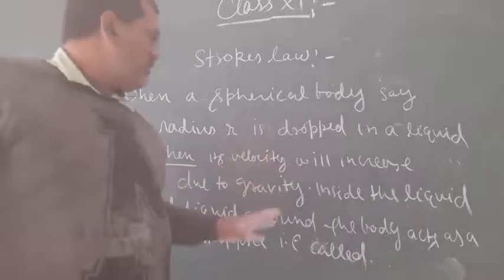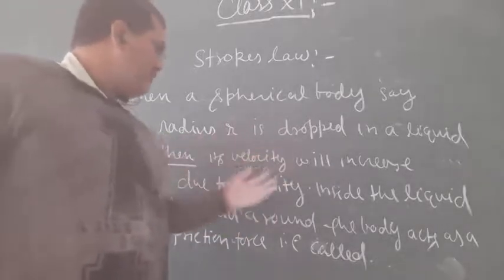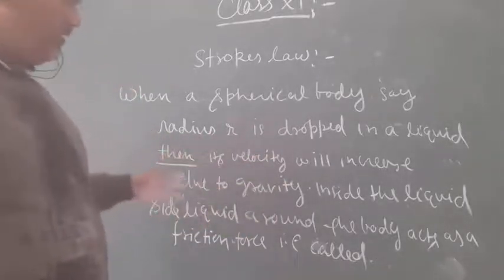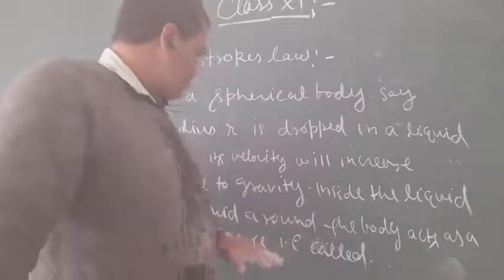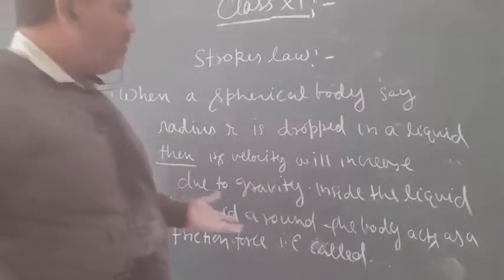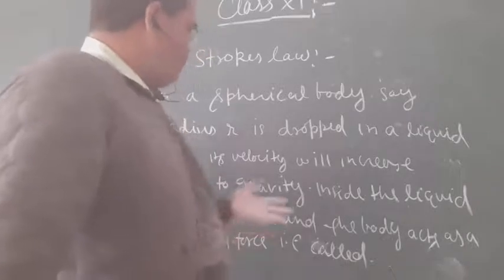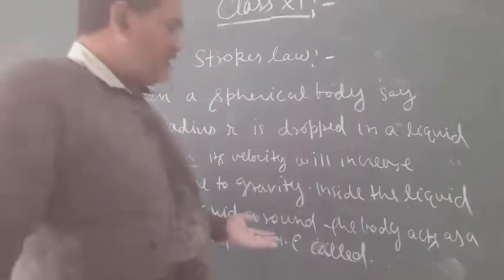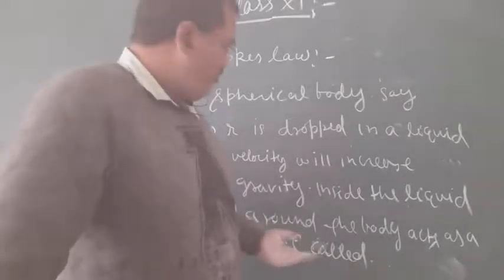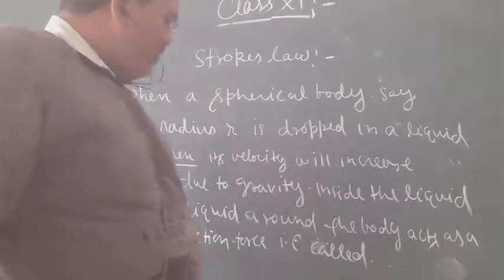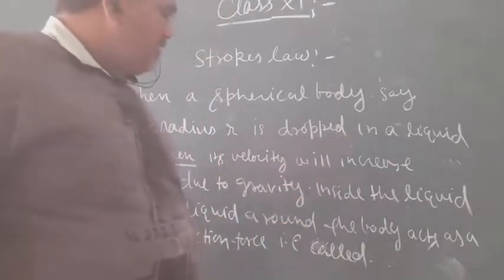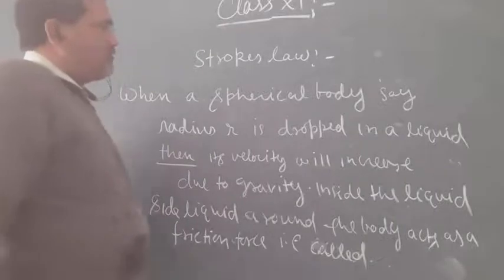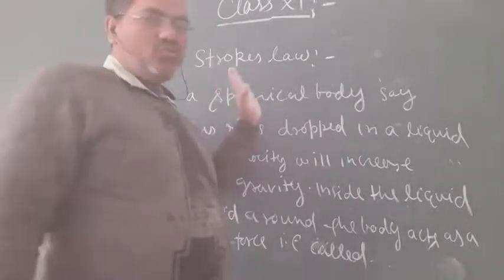When a spherical body of radius r is dropped in a liquid, its velocity will increase due to gravity. Inside the liquid, the liquid around the body acts as a friction force to oppose the relative motion between liquid and body, and that friction force is considered as viscous force, which is given by Stokes' law.